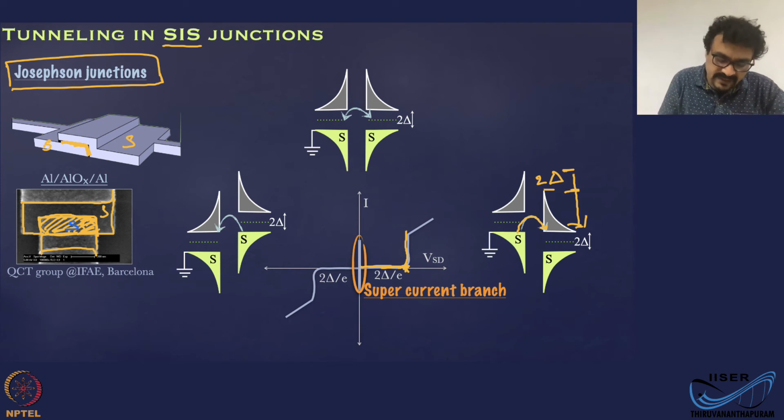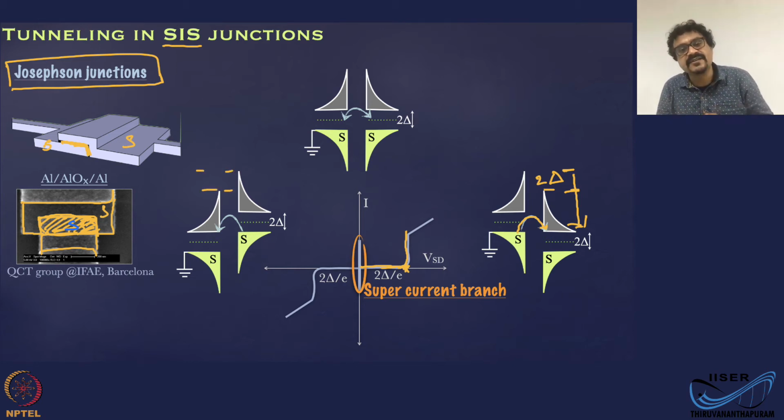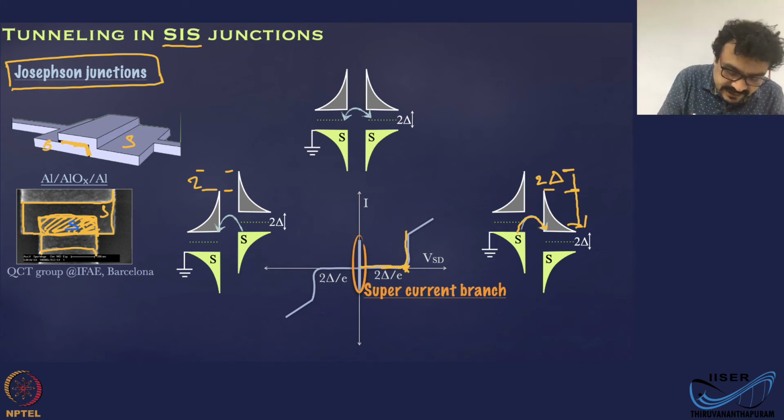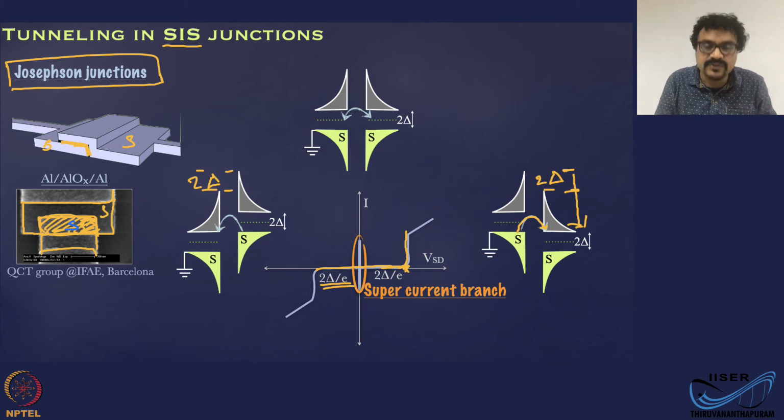Similarly, in the reverse direction, until you move the left and right sides relatively by 2 delta in energy, or until you apply a voltage equivalent to 2 delta by e, no current will flow. Then once the empty states, in this case on the left side, align with the filled states on the right side, the electrons can tunnel and you get a current through.